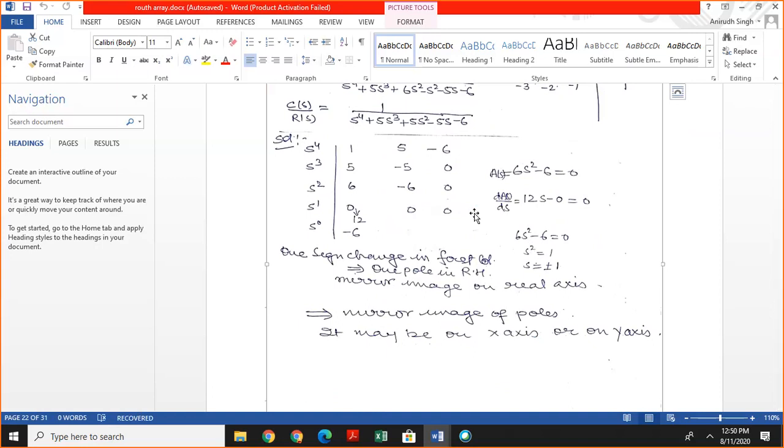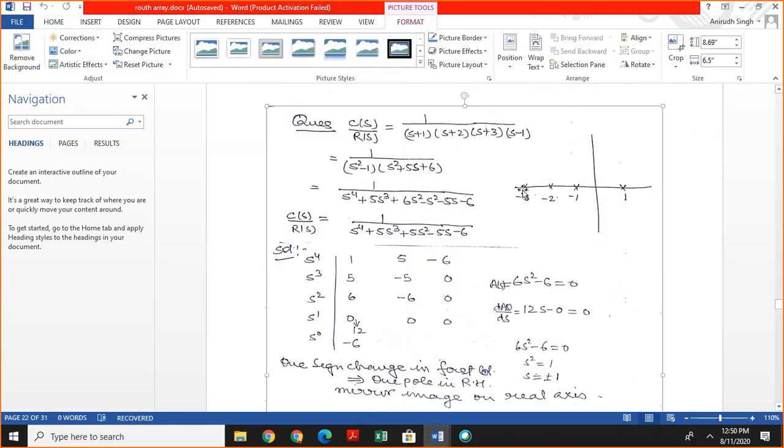The mirror image of poles may be on the x-axis or on the y-axis. If on the y-axis, the system is marginally stable, and if on the x-axis, the system is unstable. In this case, the system is unstable.